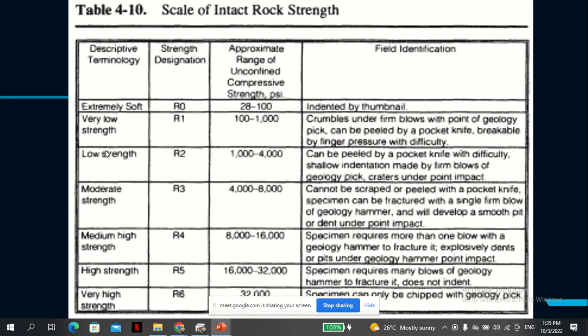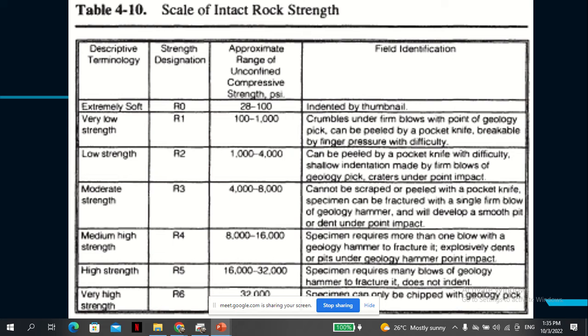Low strength is between 1,000 and 4,000 PSI. It can be peeled by a pocket knife with difficulty. Shallow indentation is made by firm blows of the geology pick under point impact.